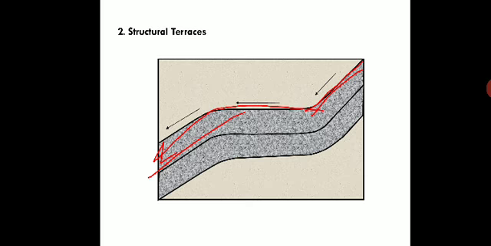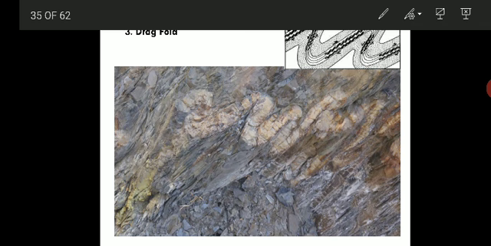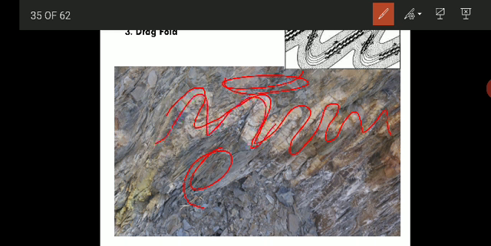Then the next type is drag fold. You can see it here. These are minor folds. You can see the folded rocks here. These rocks are different, these rocks are different, and in between is a layer that has undergone folding.